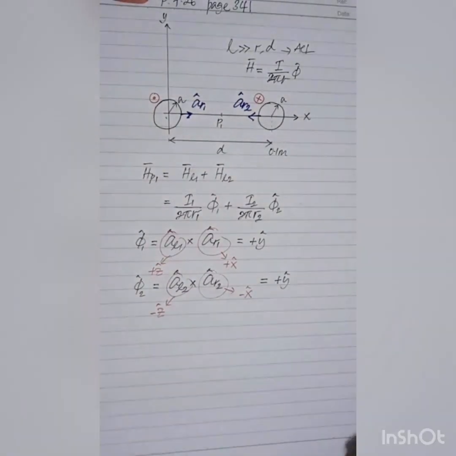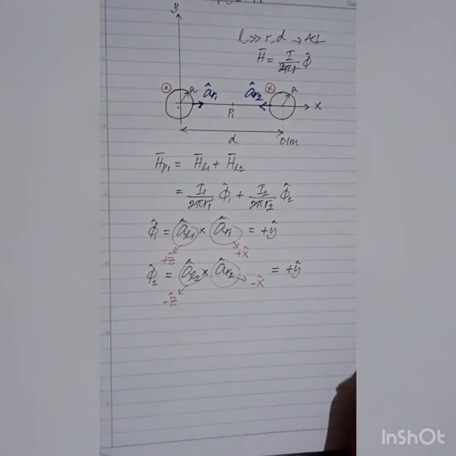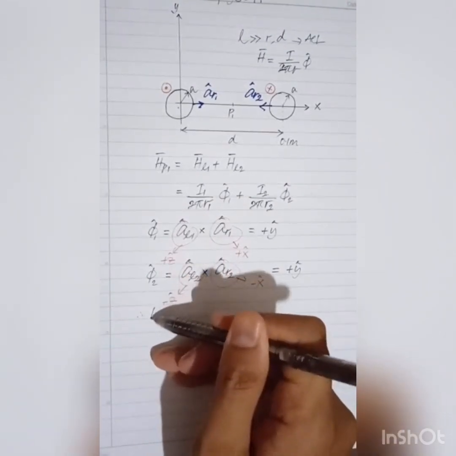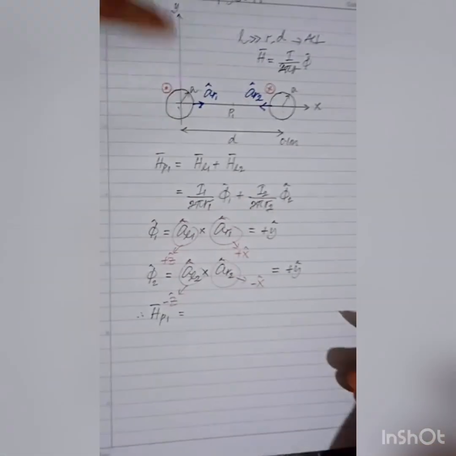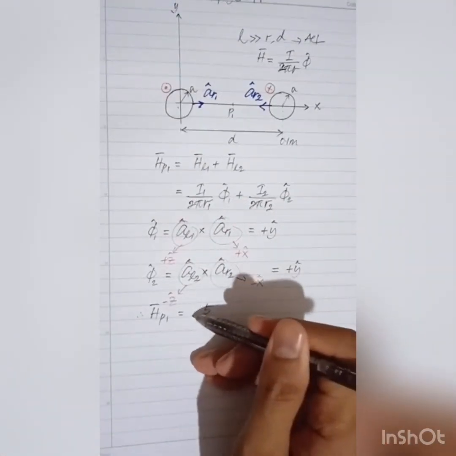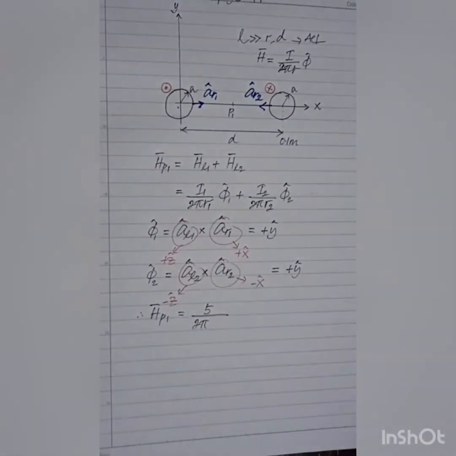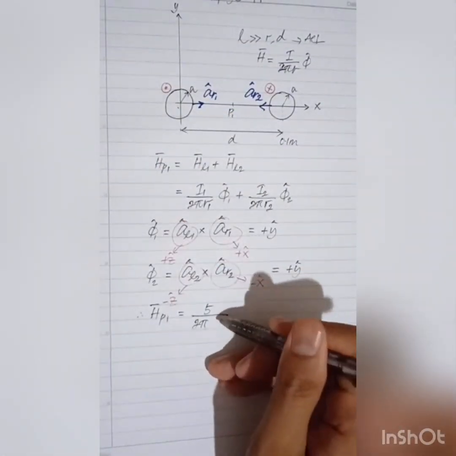Alright, let's substitute the unit vectors for phi 1 and phi 2 into these equations to find H at P1. I1 is given as 5 amperes, so we put 5 over 2 pi. R1 is half of the distance here, which is 0.05.